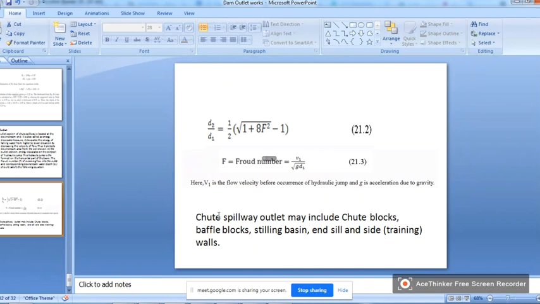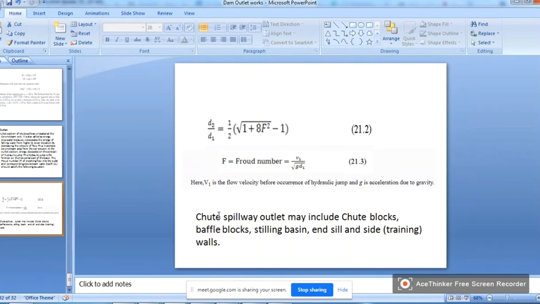Because a lot of potential energy will be converted into kinetic energy, the supercritical flow is changed to subcritical flow, and then you will create a hydraulic jump. That hydraulic jump will dissipate the energy in the water. Otherwise, what will happen? It will erode the soil on the downstream side. The hydraulic jump theory we will discuss in the next class.